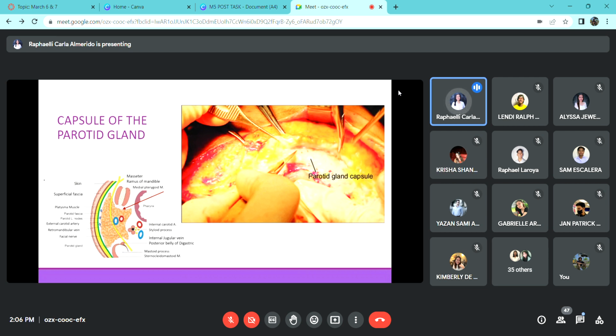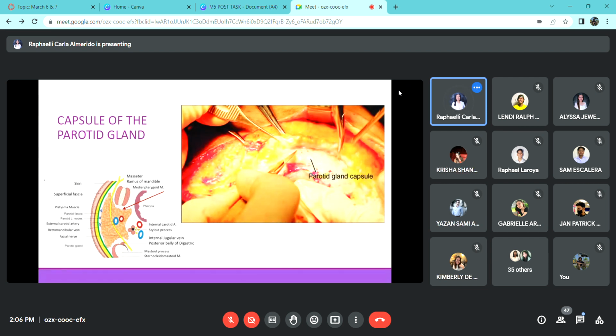Okay, so usually when we say capsule, just like in a cyst, it's covering the entire structure. But here, different parts or different anatomical structures form the capsule. Okay, so again, it has the investing fascia of the neck as well as part of the stylomandibular ligament.